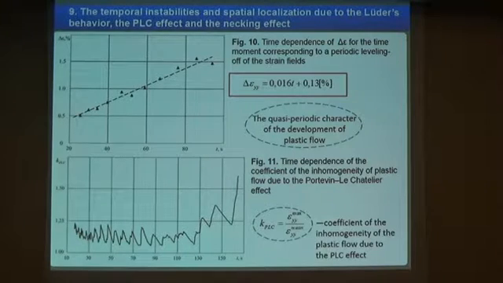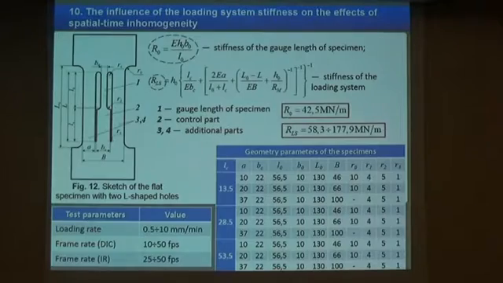So the next part of work was about the study of the influence of the loading system stiffness on the effects we are studying. We have two groups of specimens. First, it is a flat specimen with two L-shaped holes.